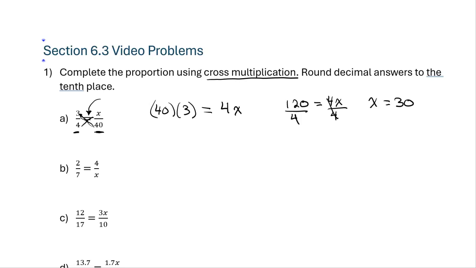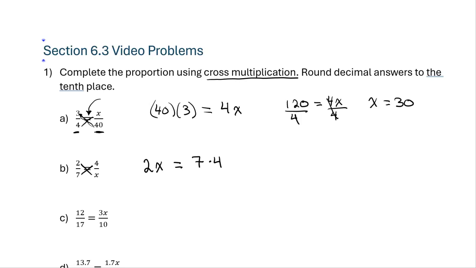So here again, I've got two fractions with an equal sign in between. So I need to move to my cross multiplication. So this time I'm doing my x times 2, right? So 2x equals, now I have 7 times 4. So 7 times 4. You could write it as 4 times 7, right?